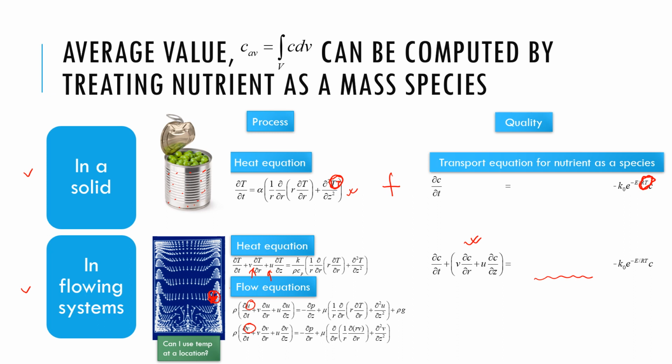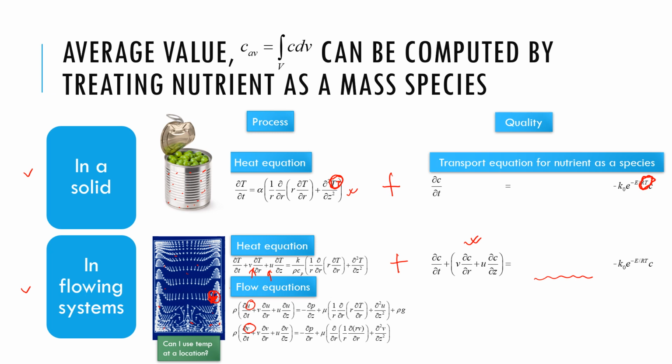So again, if we combine all of these, then I can get quality or the vitamin C content everywhere inside the can, even in a flowing system. So from there I can get the average.